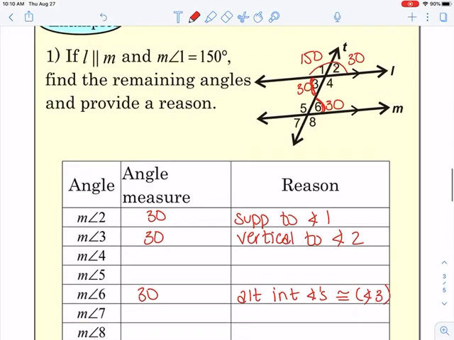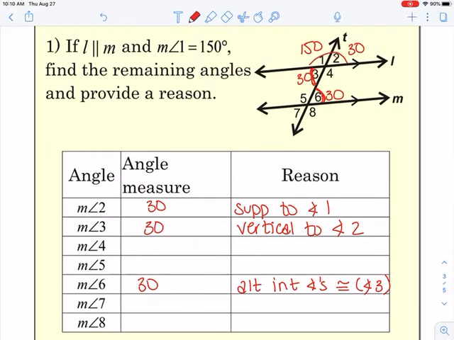How about we do a pair of alternate exterior angles here? So for alternate exterior angles, how about we want to find the measure of angle 8? Okay, so angle 8 is on the outside of the sandwich, so it's exterior. So if I want the top side, on the outside of the sandwich, I have to use either 1 or 2. And again, it has to be on the opposite side of the transversal.